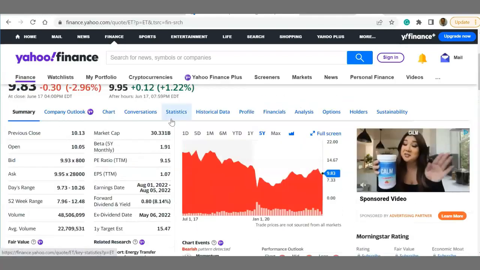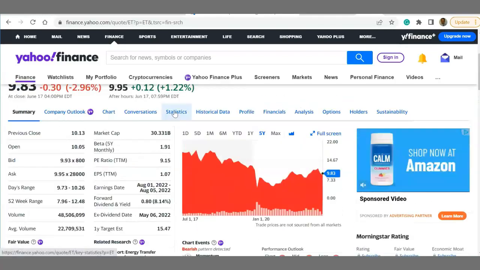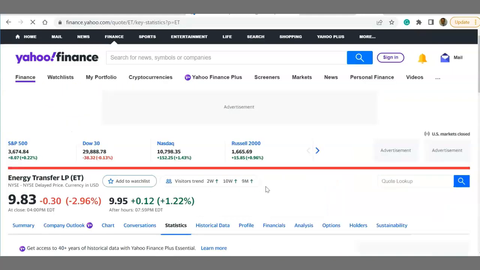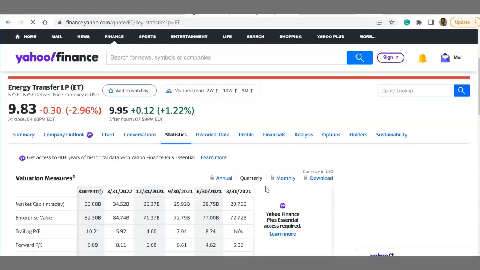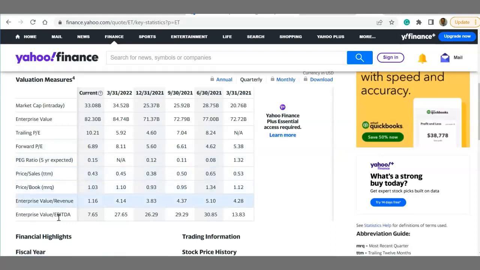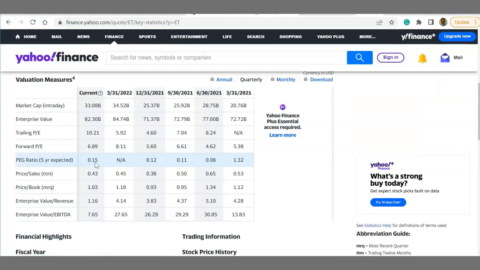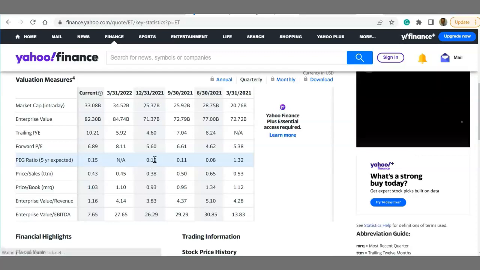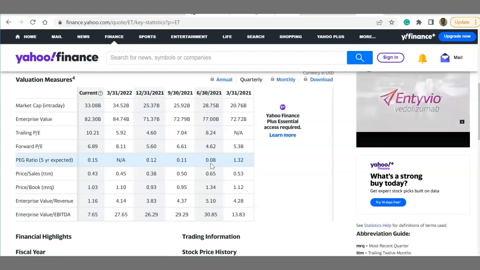And then if you go to statistics, I believe, and look at the PEG ratio, that's 0.15, and that's below 1, as you see. Previously 0.12, 0.11.